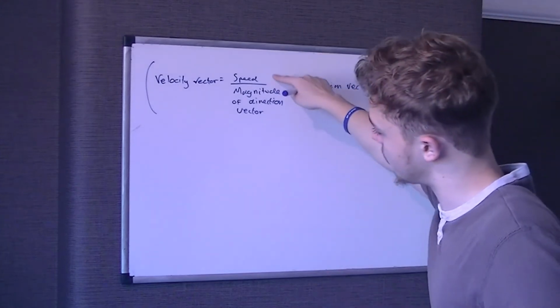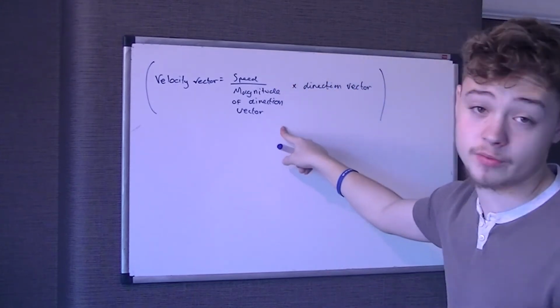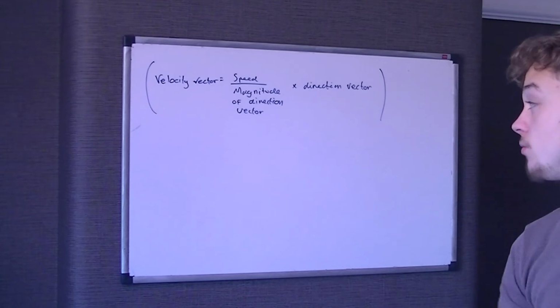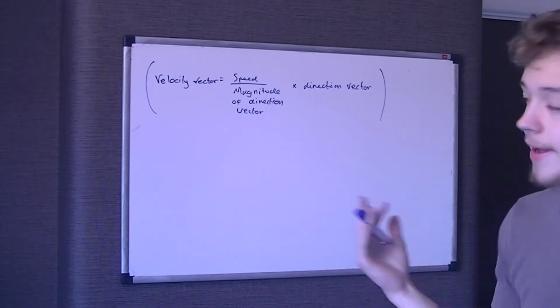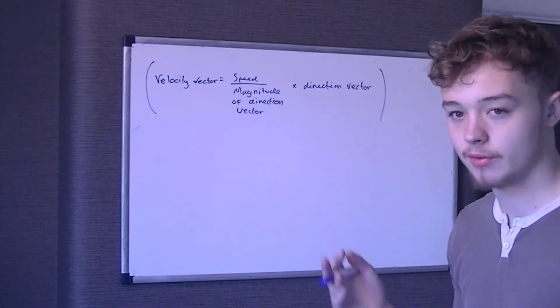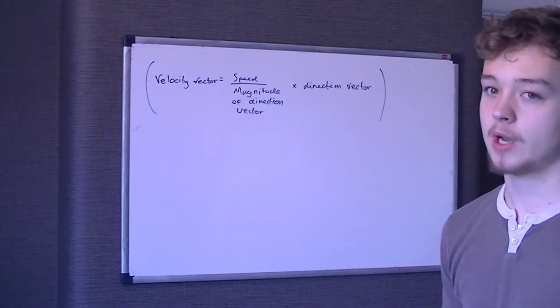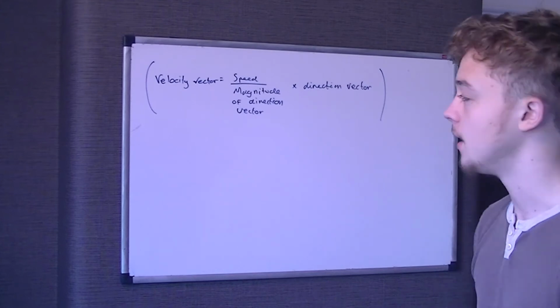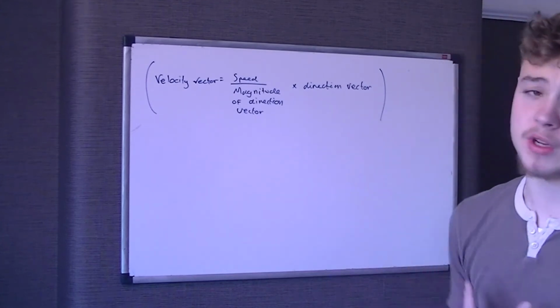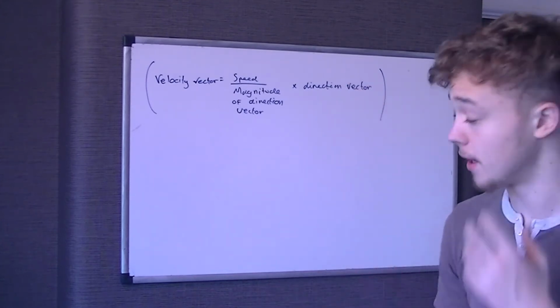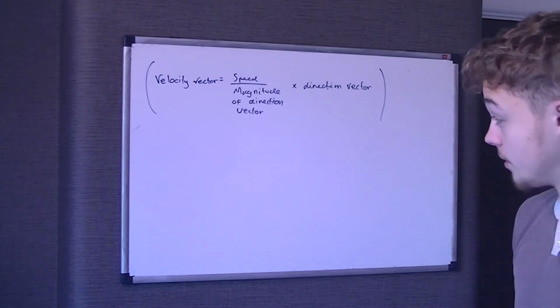In speed, I could have written the magnitude of the velocity vector, but that would have been hard, considering it's hard to work out the magnitude of something if you don't have it. But we will be given a speed, so that's why we write speed and not magnitude of the velocity vector.